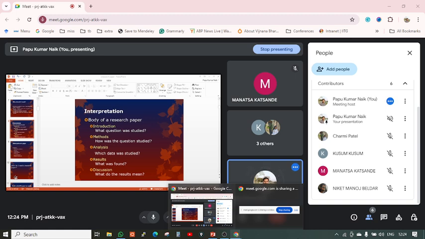So what are the good qualities of a reader? What are the main qualities of a reader? Niket, are you listening? Kusum, Charmi, anyone? What are the good qualities of a reader?